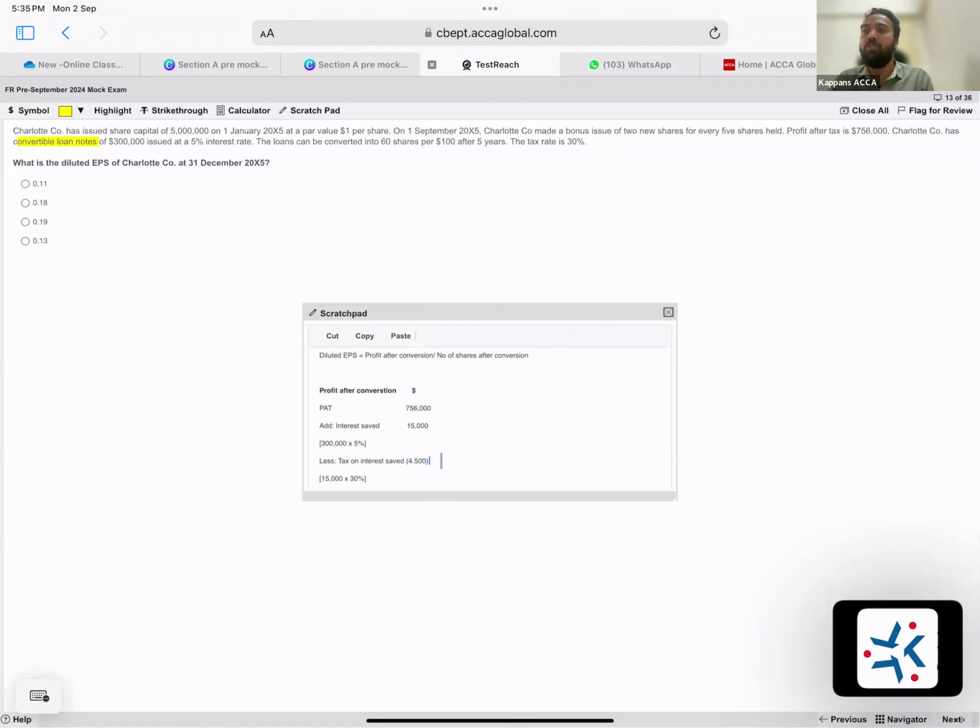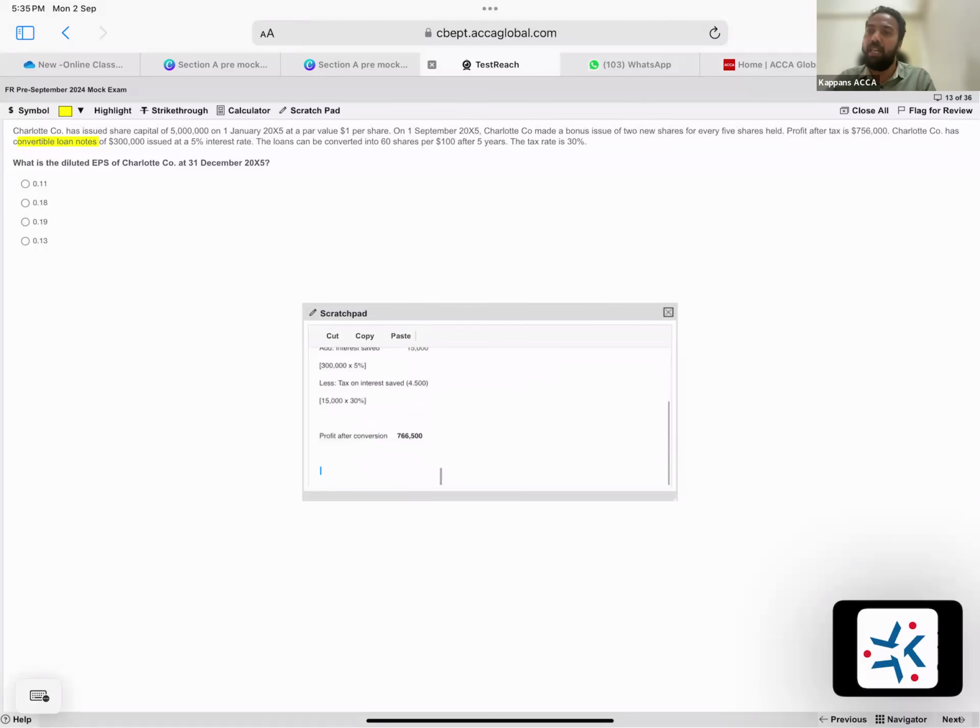So now you can use your calculators to find out this answer. So profit after conversion is equal to 756,000 plus 15,000 minus 4,500, which is 766,500. So we got profit after conversion is 766,500.